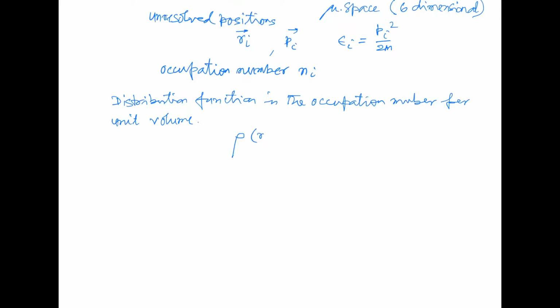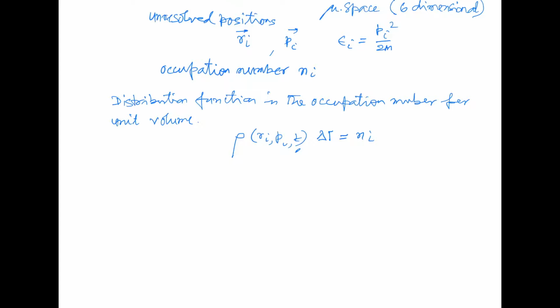So rho, which is a function of Ri, pi, and time, when multiplied by delta tau, the cell volume, gives Ni, the number of particles present in the ith cell at that moment of time t.